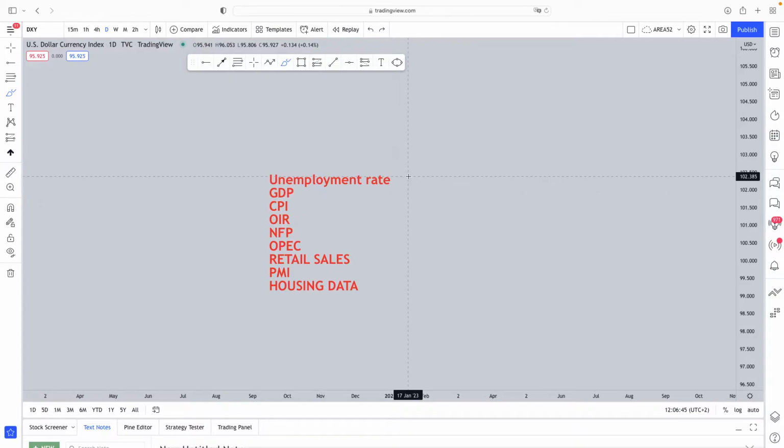The idea is that for any country's economy to grow, they want to make sure they keep the unemployment rate quite low and that there are always jobs available for people. All the major economies release an unemployment rate statistic on a monthly basis, and the lower it goes, the better the currency valuation becomes.